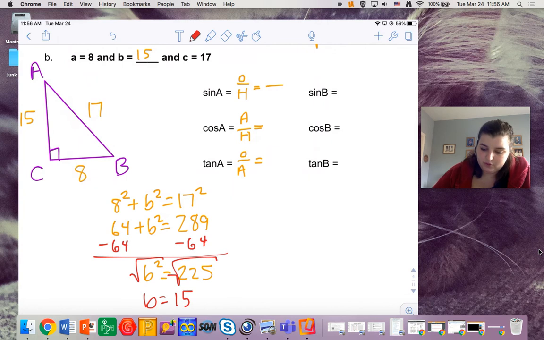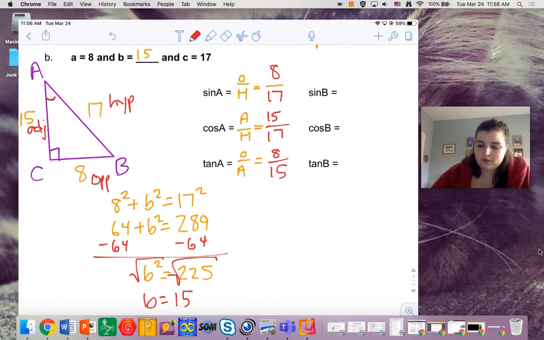Okay, so starting with angle A, the opposite is 8 because it's opposite, adjacent, and hypotenuse. Okay, maybe I'll write these little longer things out so that it makes sense. Okay, so sine, opposite over hypotenuse, that's 8 over 17. Adjacent, 15 over 17, and tangent, 8 over 15.